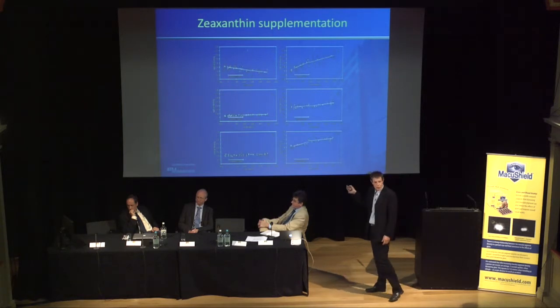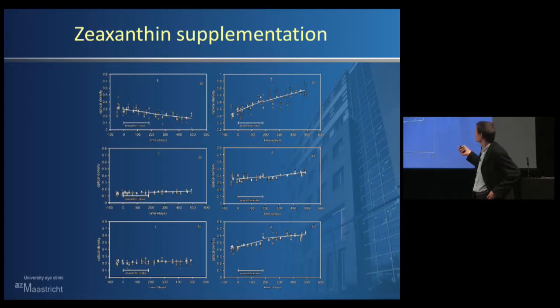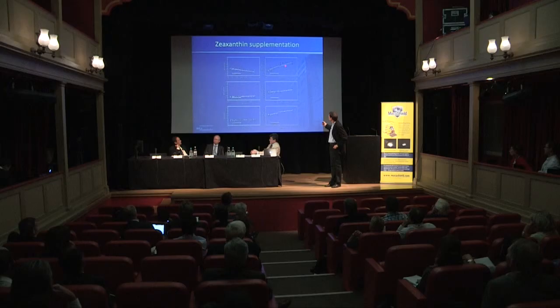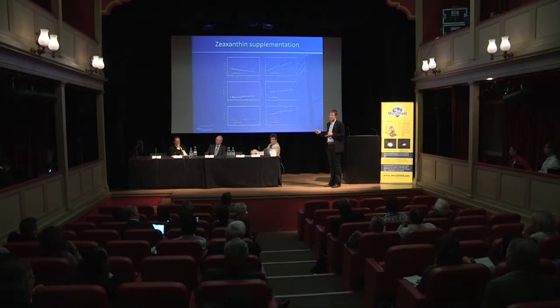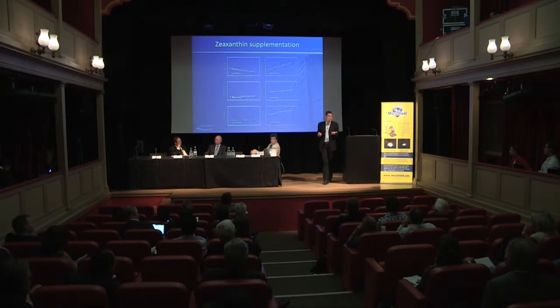There's one thing to be noticed before I continue on this slide. We supplemented for 200 days, and then we stopped. And what we noticed is that the zeaxanthin optical density is increasing, even if you stop with your supplement. So somewhere in your body there must be a store which enables zeaxanthin to continue accumulating in the eye.